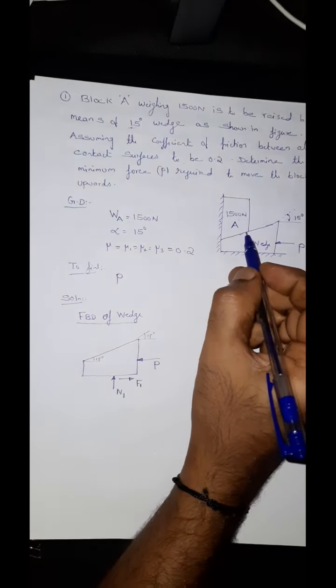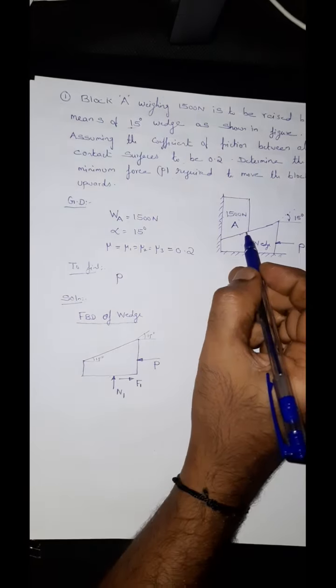This is N2. With respect to the horizontal, this can be written as N2 cos 75, and this as N2 sin 75. Is it clear?